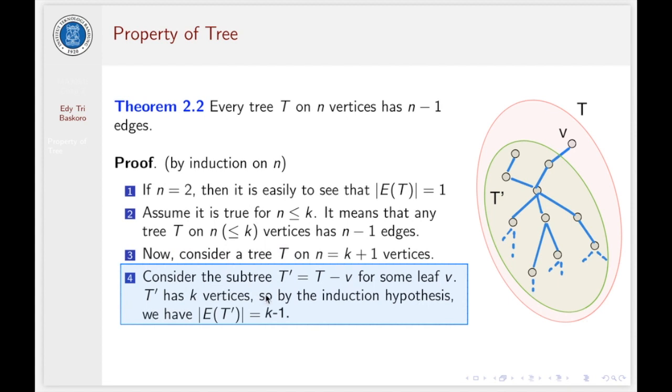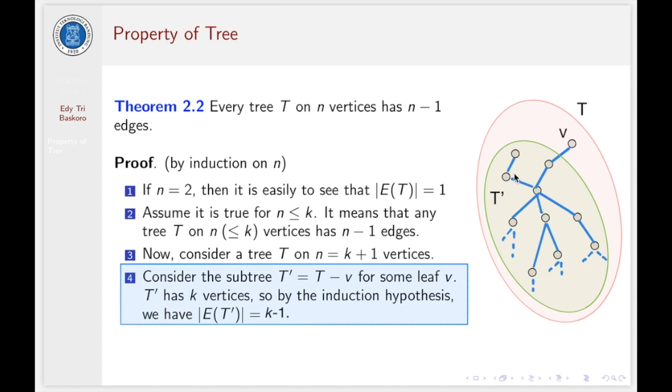Consider the subtree T prime obtained by removing the vertex V. V is a leaf on this tree. Then we obtain T prime has k vertices, right? So by induction hypothesis, we will have the number of edges in T prime must be k minus 1.